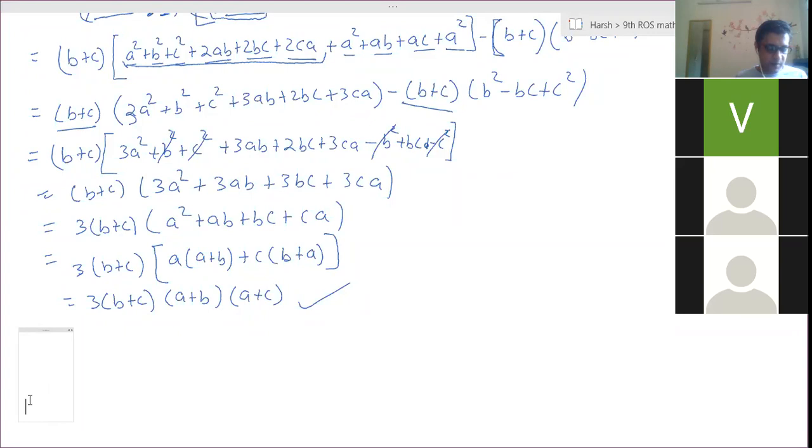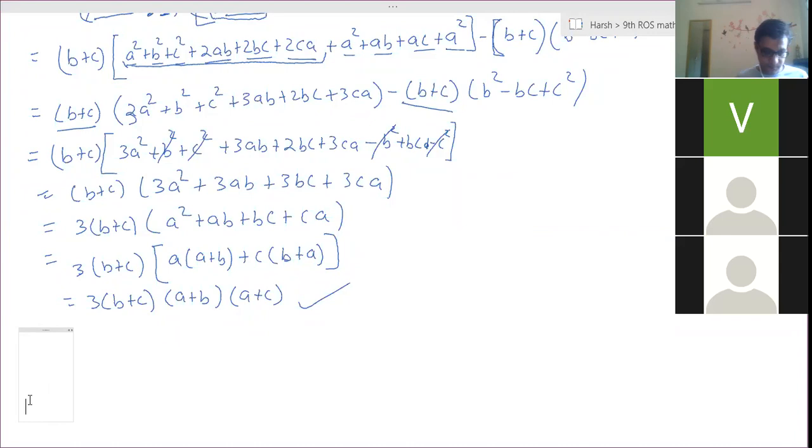Verify that x cube plus y cube plus z cube minus 3xyz is equal to 1 by 2 into x plus y plus z into x minus y the whole square plus y minus z the whole square plus z minus x the whole square. This is the question. Now, the square bracket first you solve by opening the bracket by the formula a minus b the whole square.